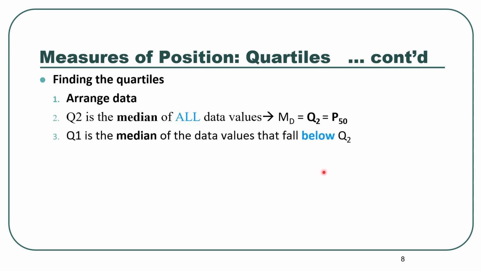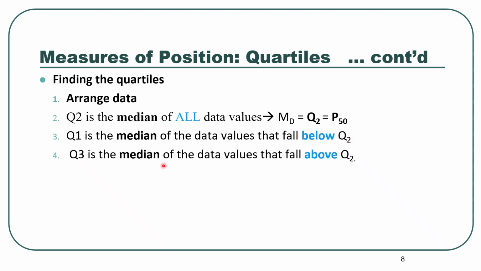To find Q1, we get the median of the first half of our data, which are the values below Q2, lower than Q2. And Q3, similarly, is the median of the second half of our data, those that fall above Q2 in terms of their values.